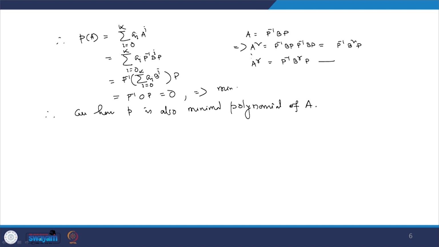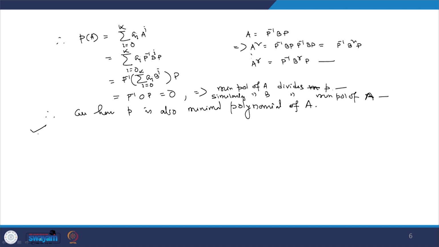This implies the minimal polynomial of A divides p. In the same way, the minimal polynomial of B divides the minimal polynomial of A. So, from these two only you can conclude that p is also the minimal polynomial of A, please. So, we have that the minimal polynomials of similar matrices are basically the same.